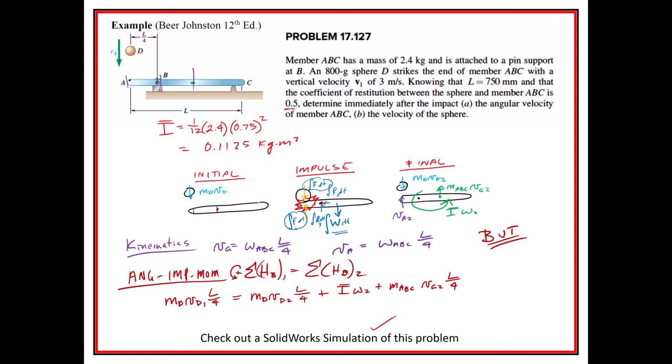But we can replace a couple things here. We can replace this guy right here. So let's write the thing out again and stick numbers inside it. 0.8, that's the number of kilograms, 3 meters per second, and it's L over 4, let's just write that as equal to 0.1875 meters, right?